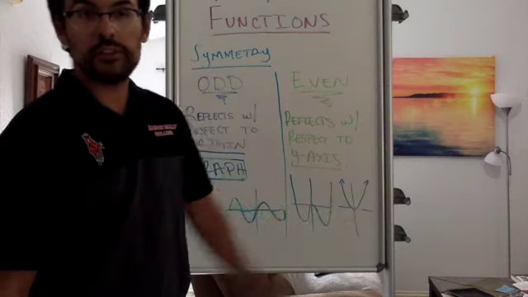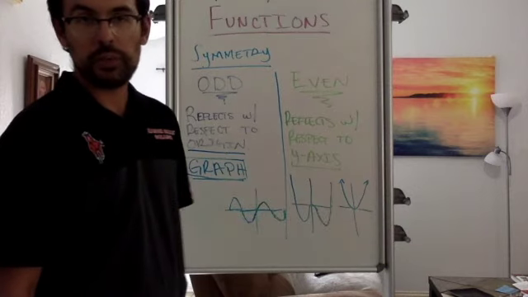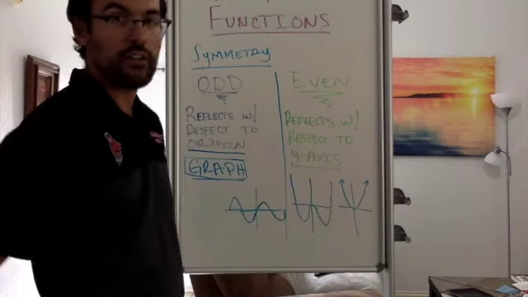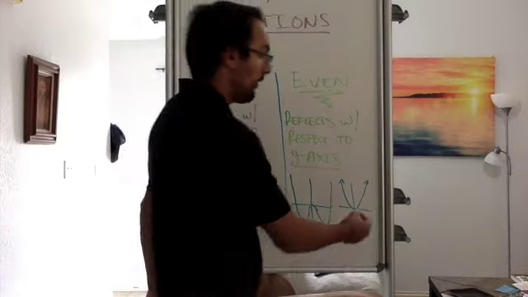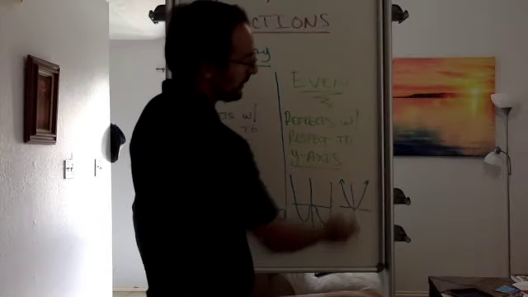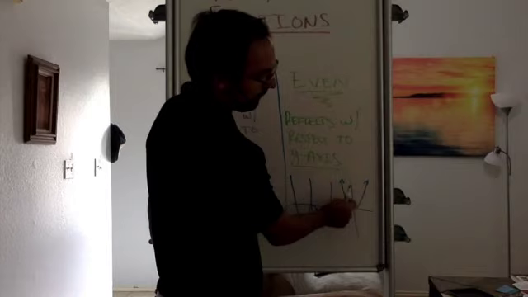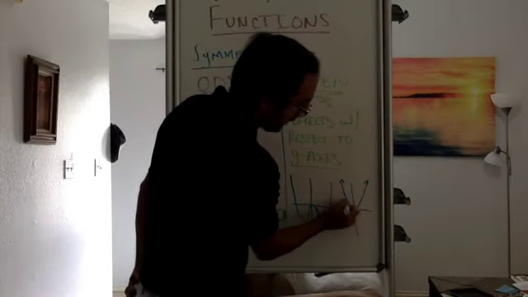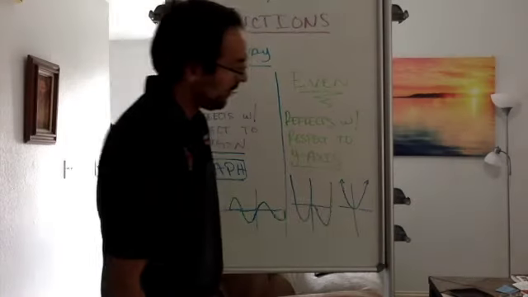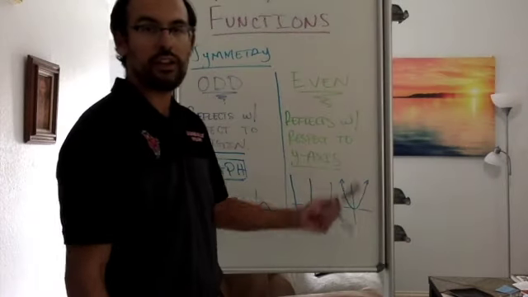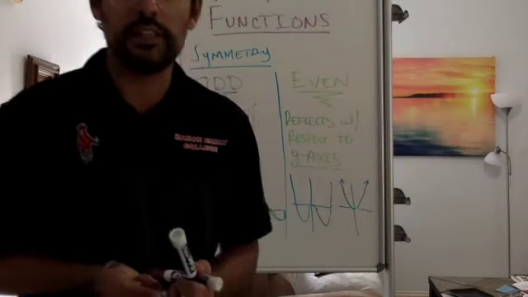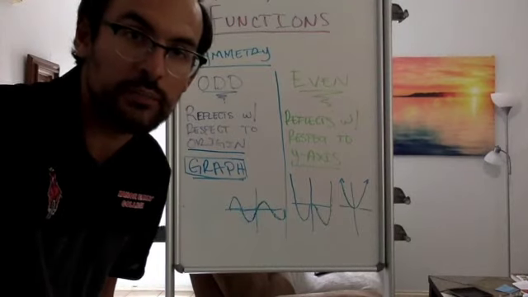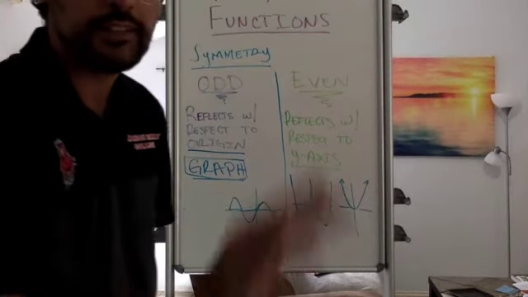Here's another example of an even function, the most basic one, which is our quadratic, or our parabola. If I go the opposite direction, if I make the right side reflect across the y-axis, I would be tracing this side just as so, and it's going to give me the same graph that I already have on the left, making this an even function because it's symmetric with respect to the y-axis.